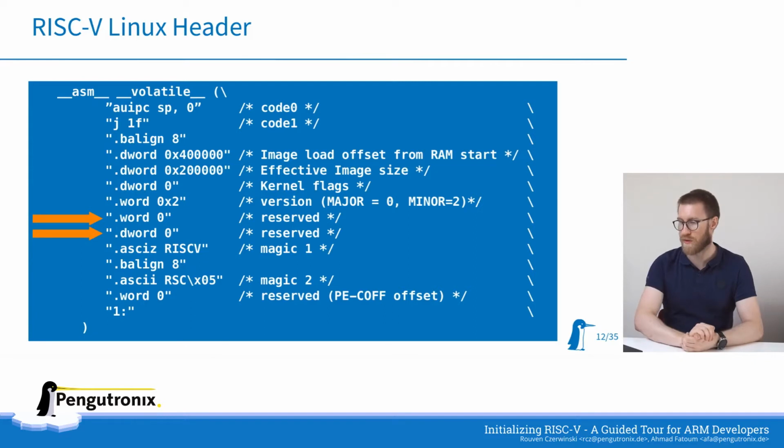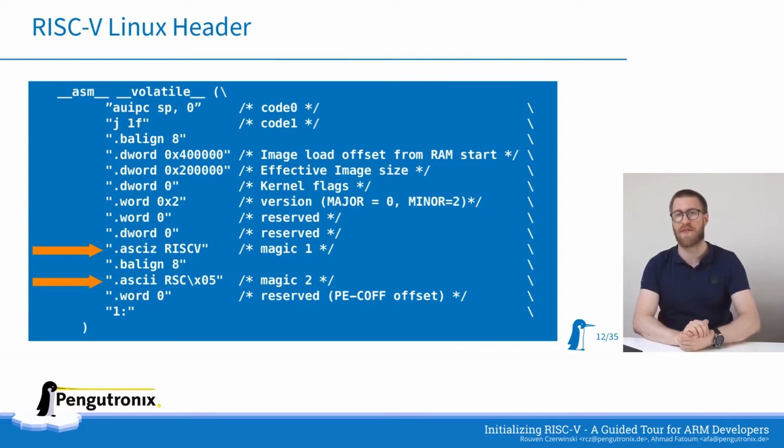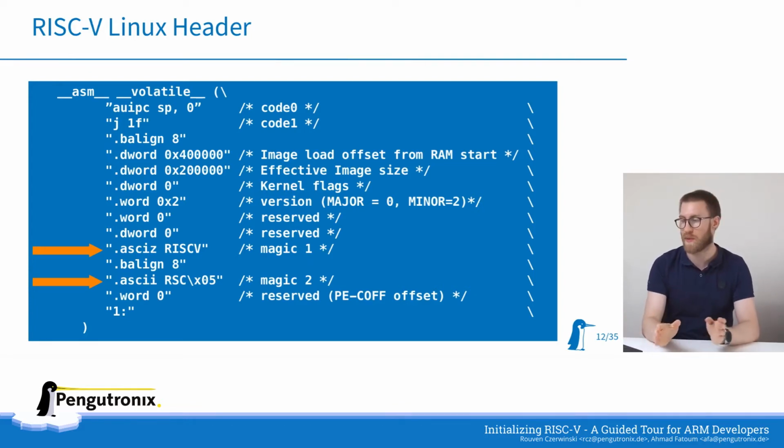Then we have two reserved fields, which are not used at all at the moment. And then there are two magic fields which have to be present within the RISC-V Linux header to identify it as a RISC-V Linux header. And in this case, the first magic has to be RISCV, and the second has to be RSC, and then the escaped value 0x5.